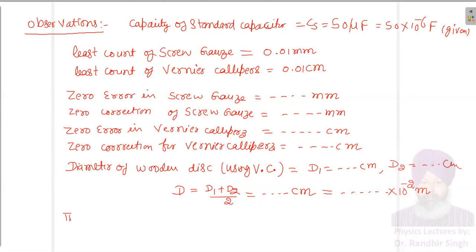Similarly, thickness of wooden disc. Sorry, I have made a mistake here. I do not need the diameter of wooden disc, although principally both of these will be equal, but I need a diameter of a capacitor plate. I need the diameter of capacitor plate and I need the thickness of wooden disc. That will be done by using screw gauge.